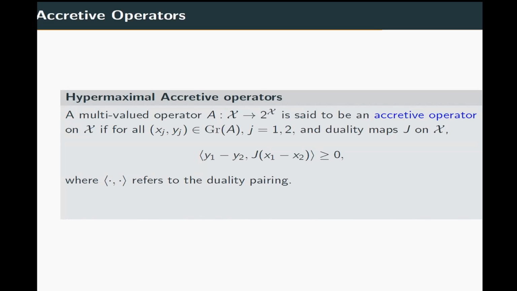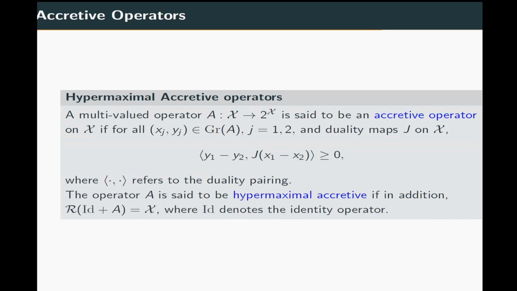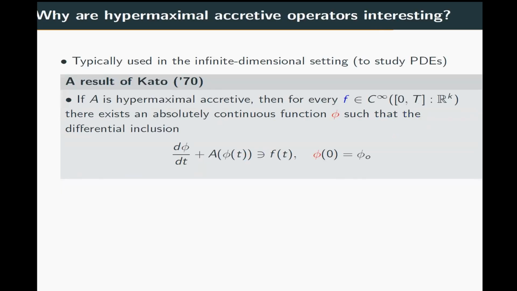Okay. So this is what an accretive operator is. It might not be clear, but you can see that these kinds of inequalities are coming up in the Skorokhod problem when you look at different directions of reflection and things like that. Okay. And the operator is said to be hypermaximal if the range is the whole space. Okay, not too important.